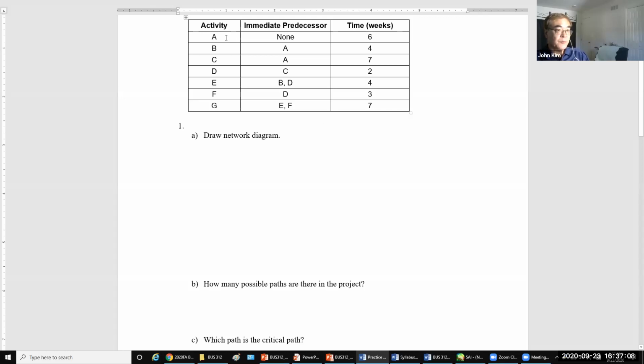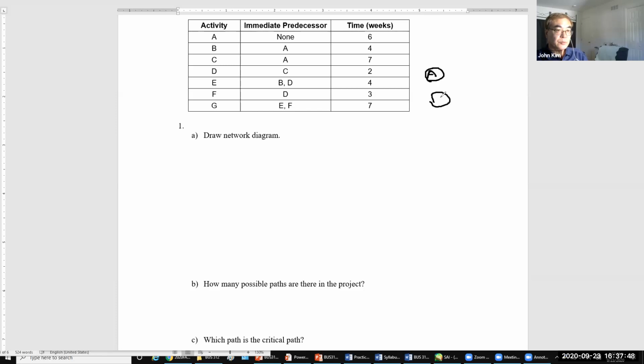Sometimes, if there are 2 or more activities with no immediate predecessor, then there may be 2 starting points.